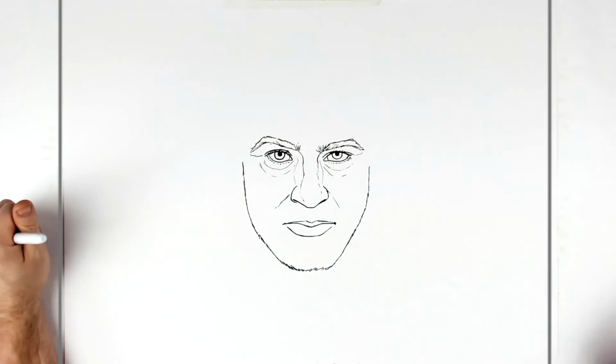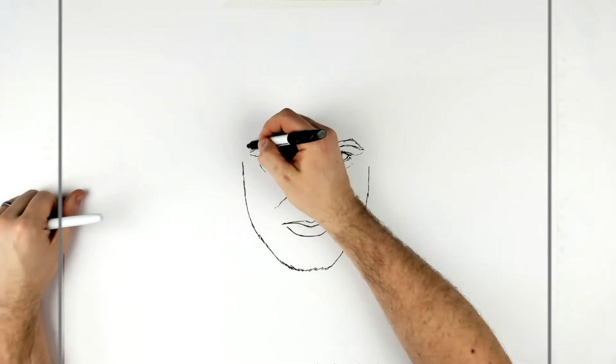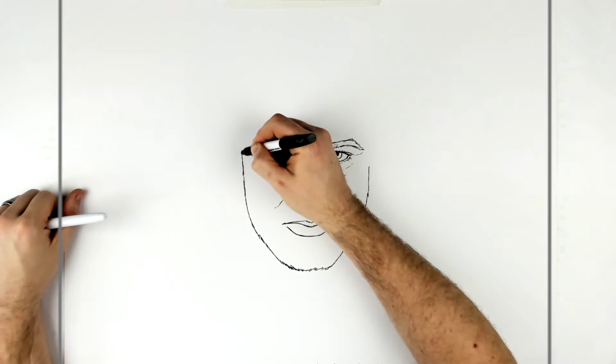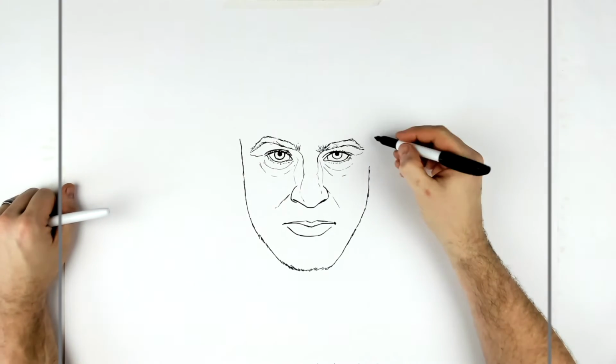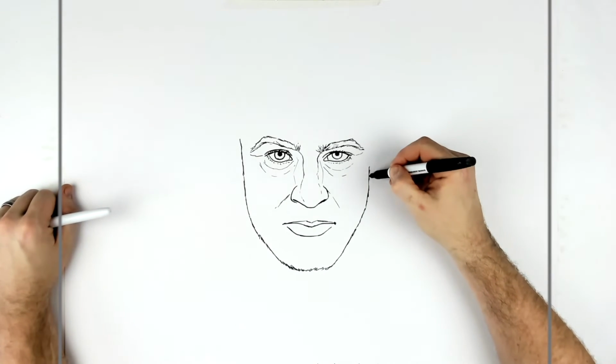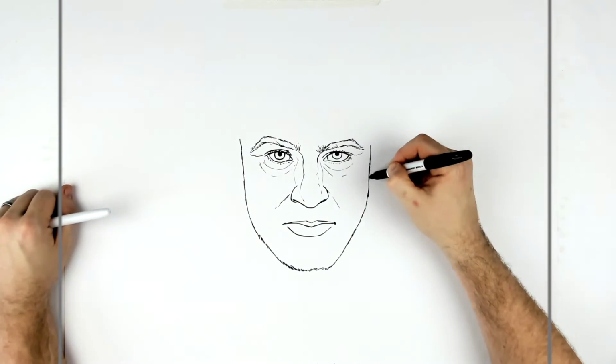Depending on how hairy you want to do him, because sometimes he lets his beard go really far, but if you want it to look more stubbly, you know, it's up to you really.